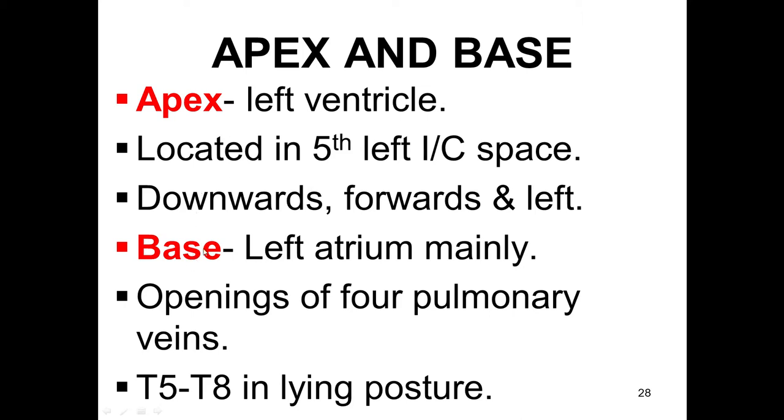The base is formed mainly by the left atrium, and in the left atrium is the opening of four pulmonary veins, right as well as left. The base lies around the bodies of T5 to T8, that is the 5th thoracic vertebra to the 8th thoracic vertebra in the lying posture.